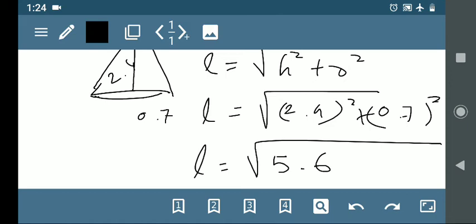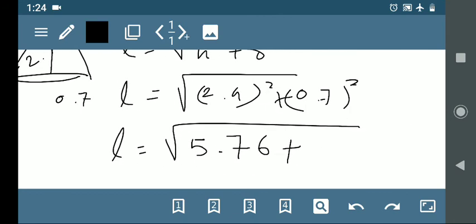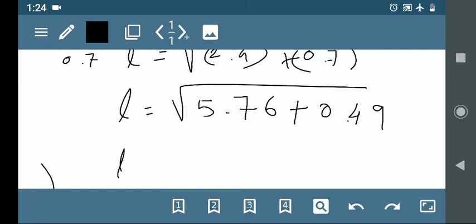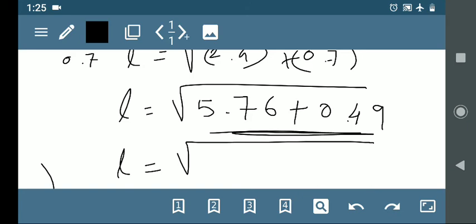Adding these together, it is 6.25. So L is equal to root of 6.25, which is 2.5. So we got the value L equals 2.5.